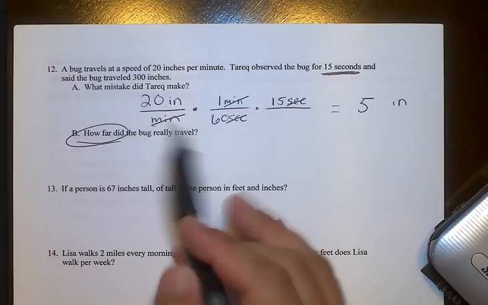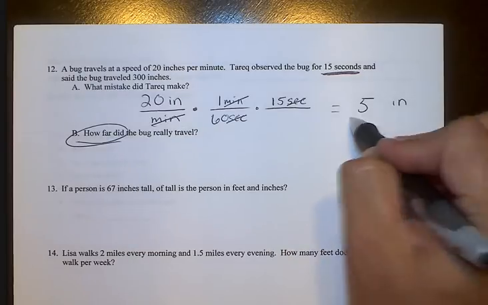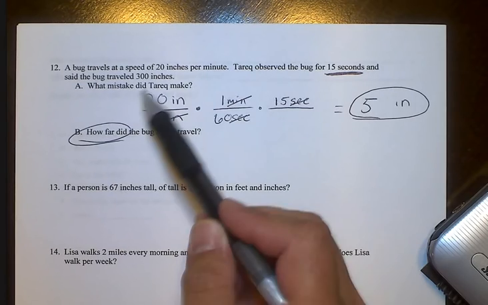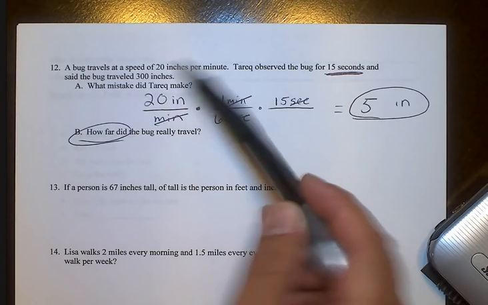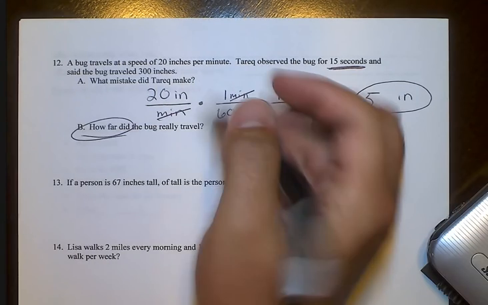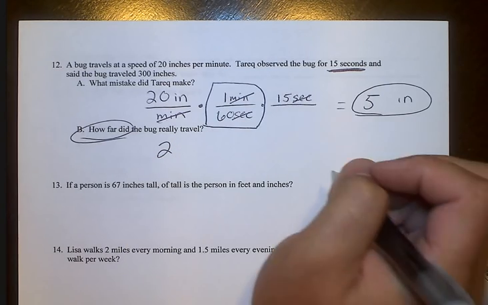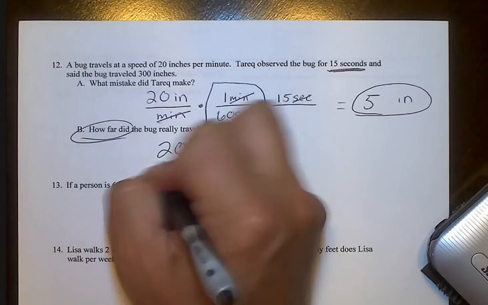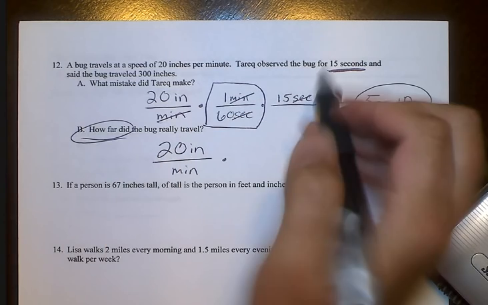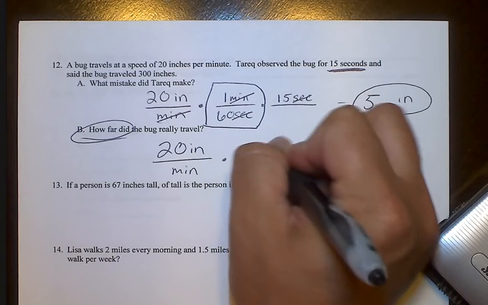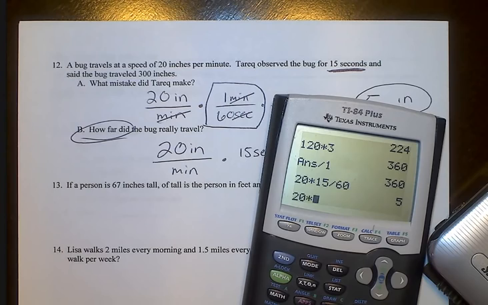So how far did the bug really travel? They traveled 5 inches. It says what mistake did they make, so I need to think about what they may have done to get 300 inches. I could probably guess that they skipped this conversion step here, because if I just did 20 inches over minutes and times that by the 15 seconds, I get 300.